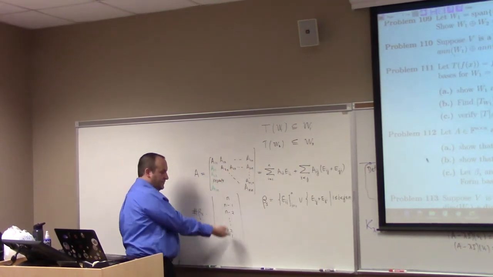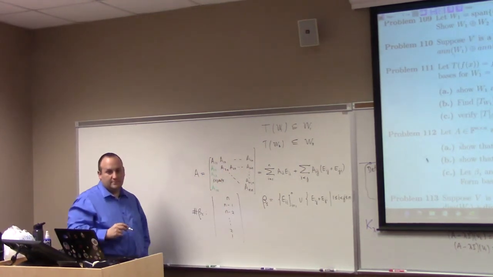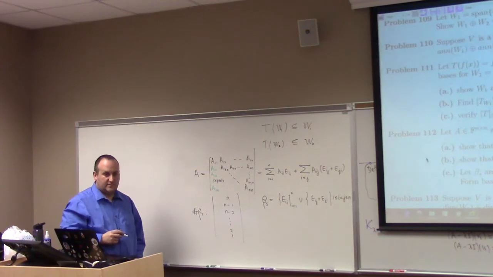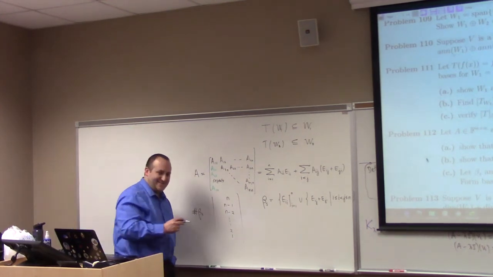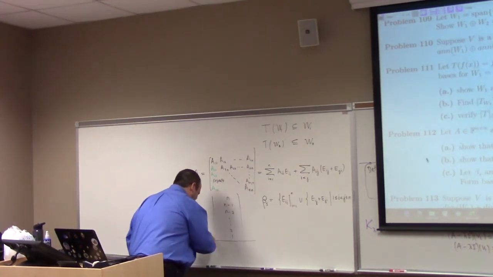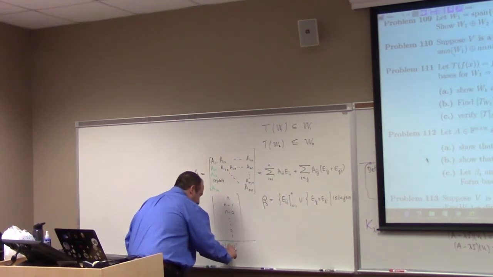So you're looking at the sum of 1 to n consecutive integers. We consult Gauss as a kindergartner, and he tells us what? n times n plus 1 over 2, right?